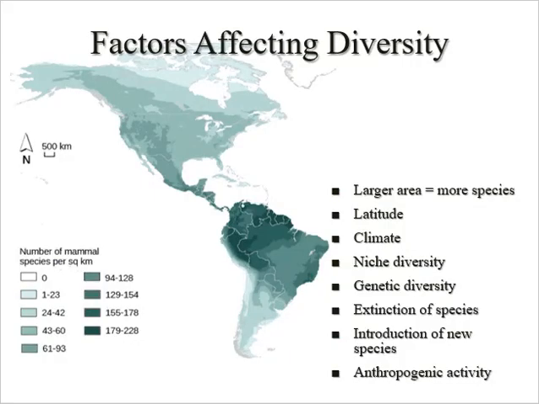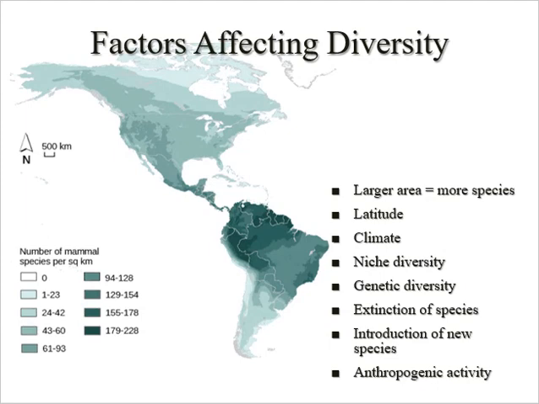Now, as I've mentioned indirectly throughout this lecture video, there are a variety of factors that influence diversity. We talked a little bit about area size. The larger the area, in general, the more species, based on the species-area relationship and the species-area curve.